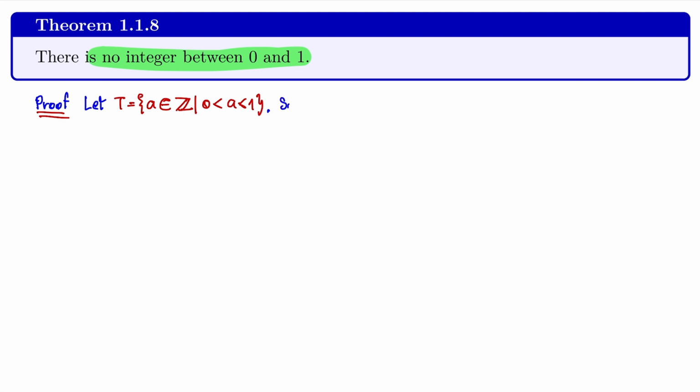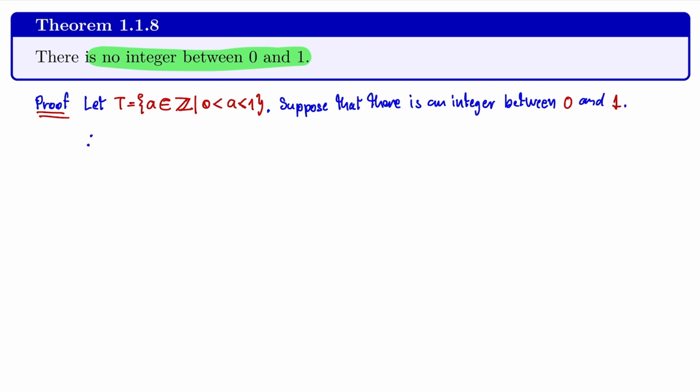So I have to suppose that there is an integer between 0 and 1. What does this mean?